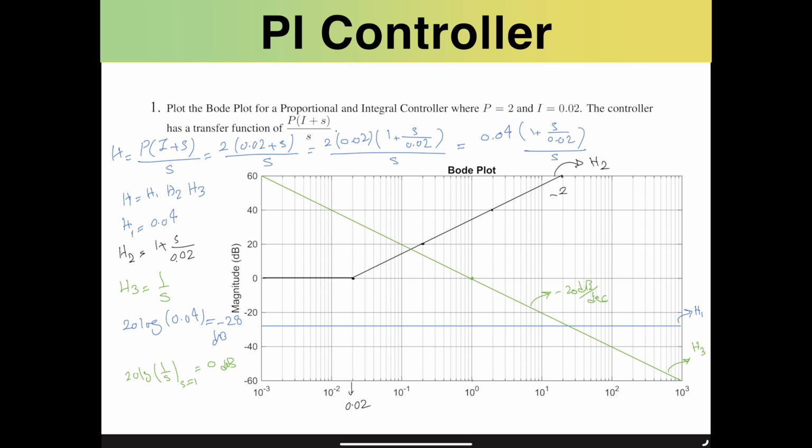H2 actually had plus 20 dB per decade. Now is the time to just sum them up, and we can start all the way from the lower values.